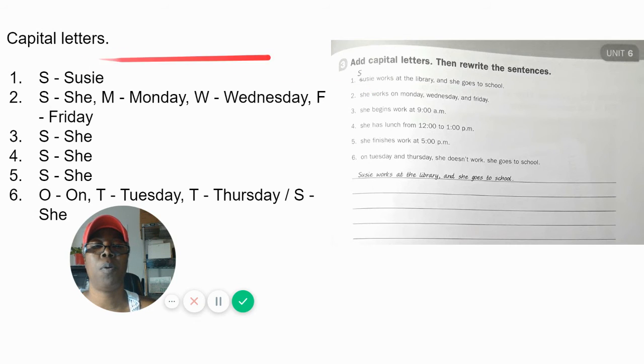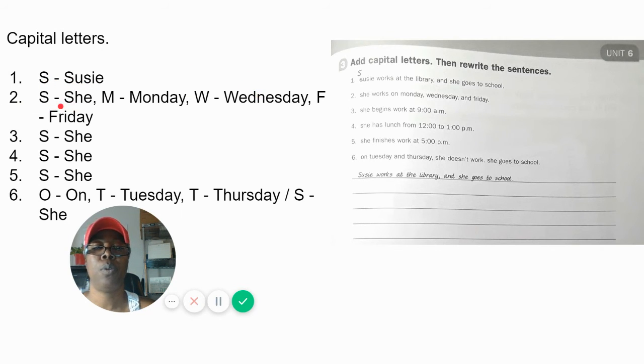So number 1 is already done. The S in Susie should be a capital letter. Our sentence is, Susie works at the library and she goes to school. So the only letter that needs to be added is the capital S in Susie.